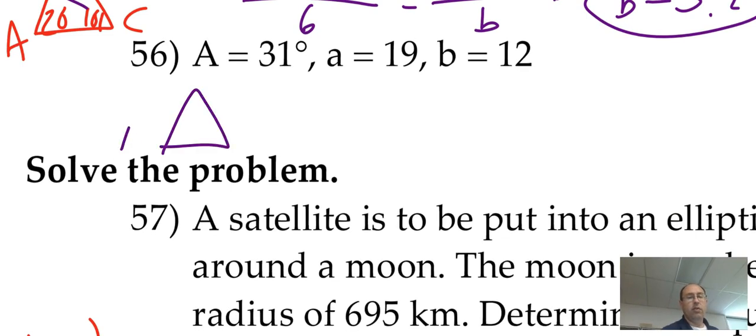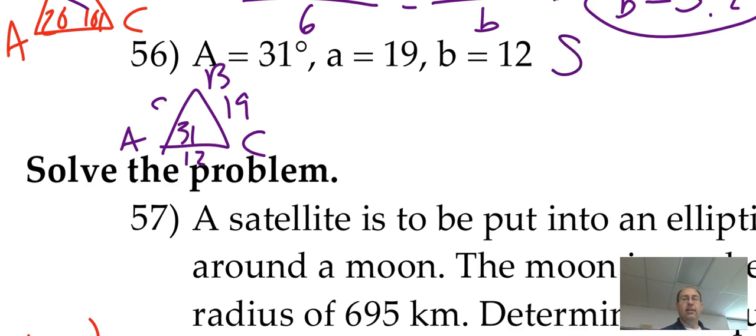We got our triangle. We got A, B, C. Easy as 1, 2, 3. Okay, now, here's what's cool that's going on here. We have long side, that's the 19. Short side, that's the 12.